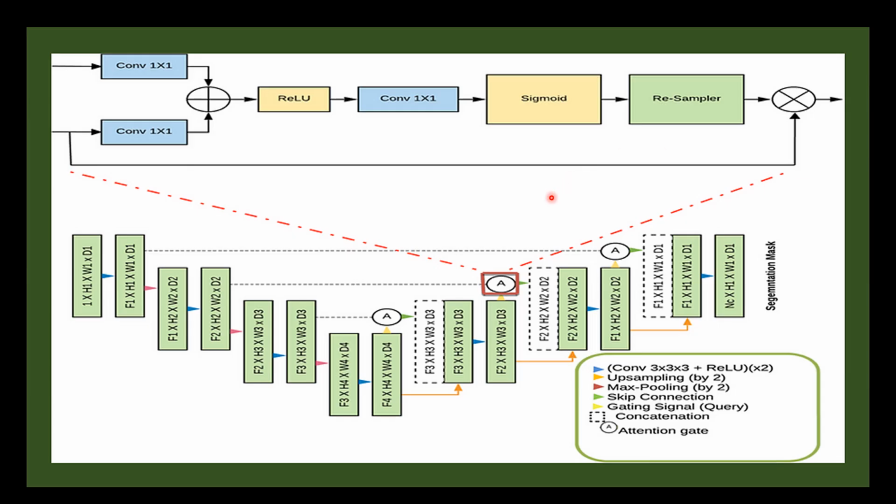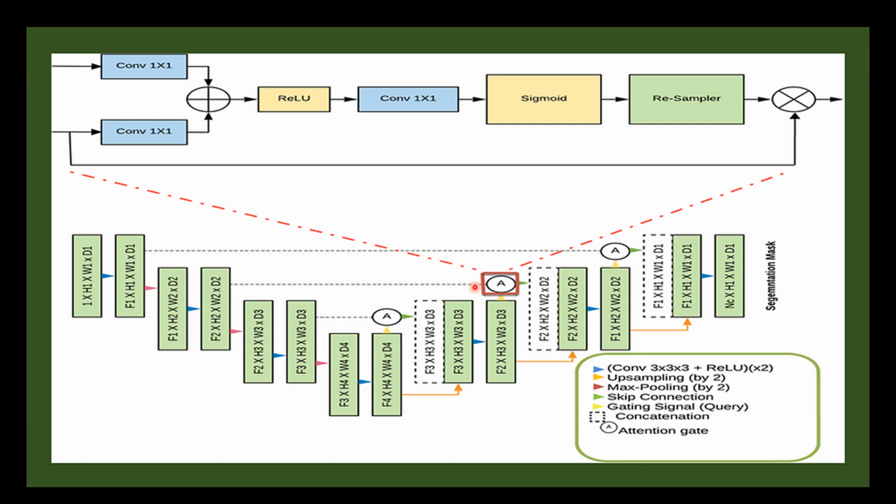Then comes Attention UNet. Now this Attention UNet is a neural network architecture that incorporates an attention mechanism to improve image segmentation performance. Now this Attention UNet leverages the strength of the UNet architecture while introducing an attention mechanism that allows the network to selectively focus on important regions of the image.